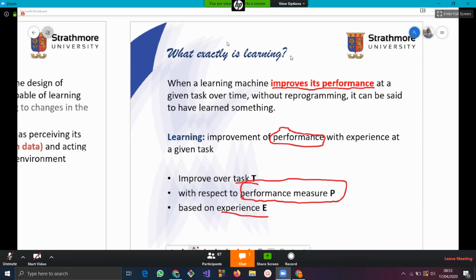For performance, it was based on the accuracy of the model and also how many of its required tasks have been executed.